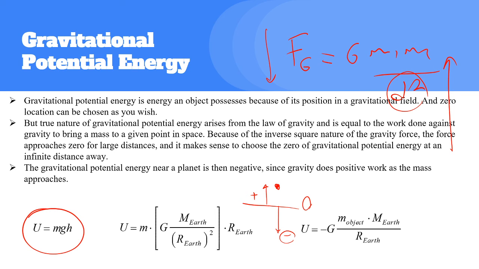So that means at infinity, we have no force required to actually do the work. So that means our true zero reference is not any point that we want. The true zero reference, considering that this is the Earth, is basically infinity.